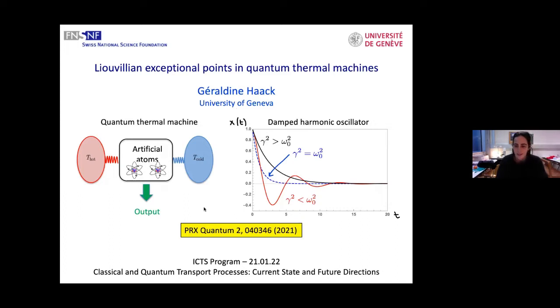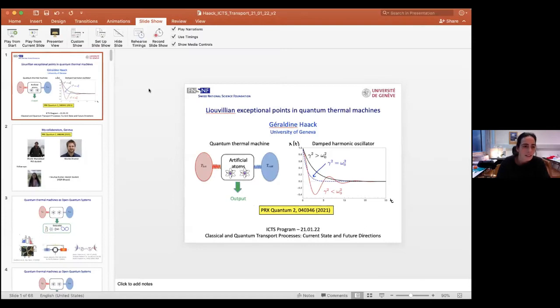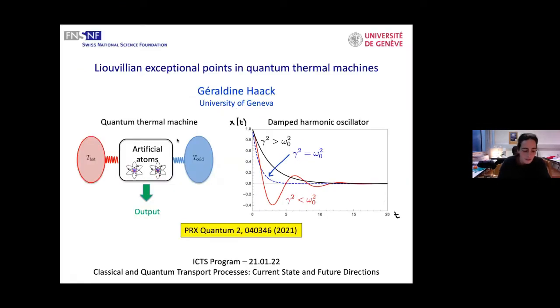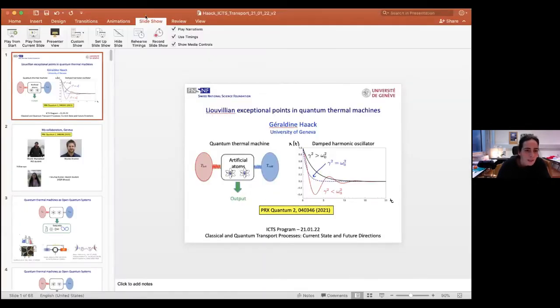Sorry, now I cannot. I don't know why my arrows are not working. So excuse me, I stop sharing and I will share the PDF file, which might be a safer option.